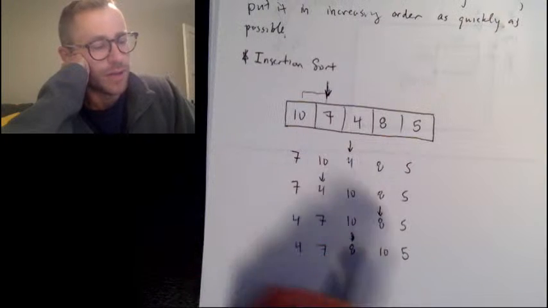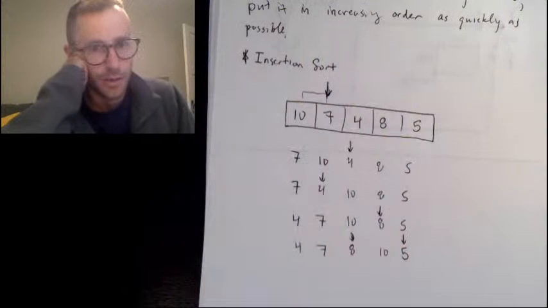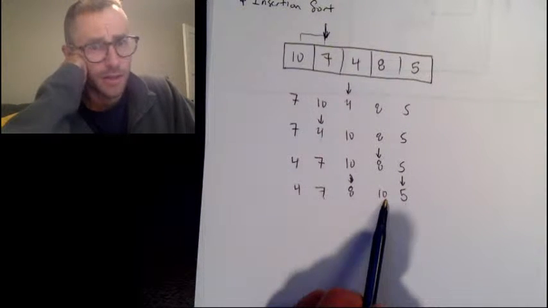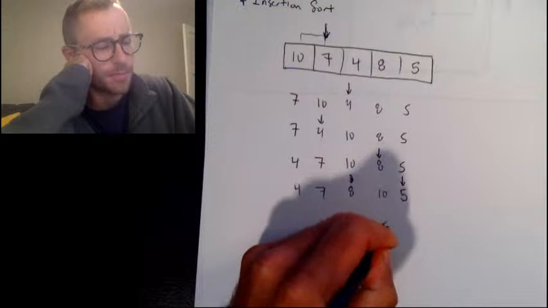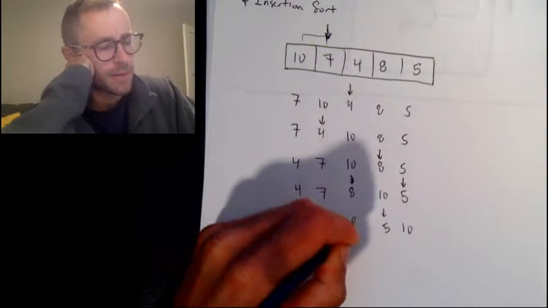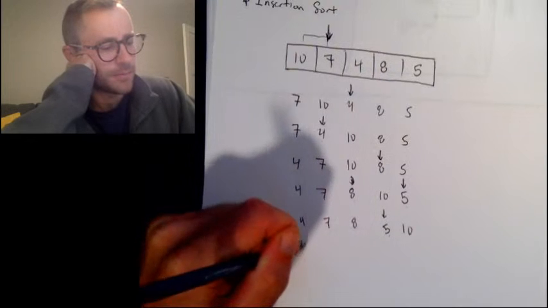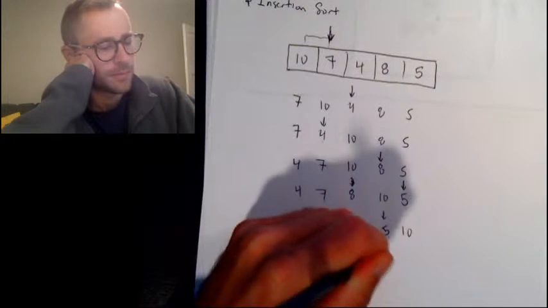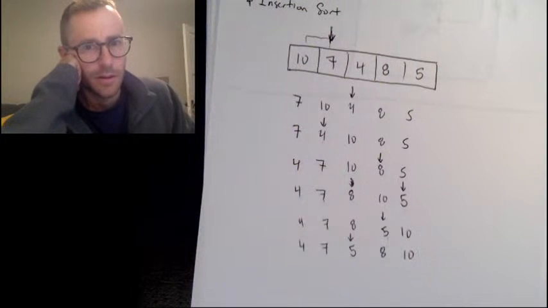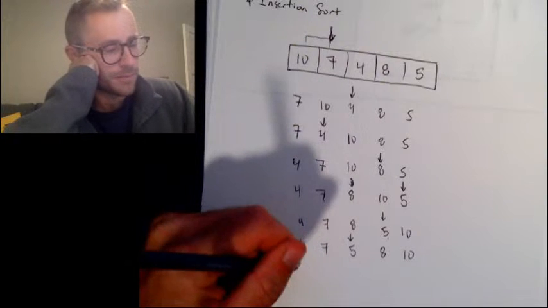Now I put my attention on the last element of the array, and I compare 5 to 10. 5 is less than 10, so I swap them. 5 is less than 8, so I swap them. 5 is less than 7, so I swap them.